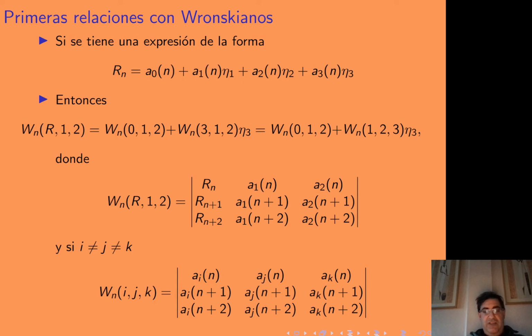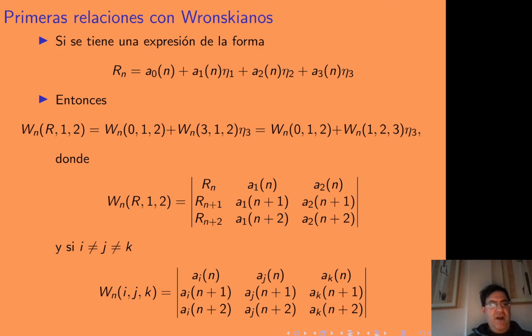Because this is a determinant, you have Rn, A1n, A2n, then Rn plus 1, A1 plus 1, A2 plus 1, then Rn plus 2, and so on, and then you have more terms, like 3 or 5 or whatever. This is a determinantal expression, so you have as many rows as columns.